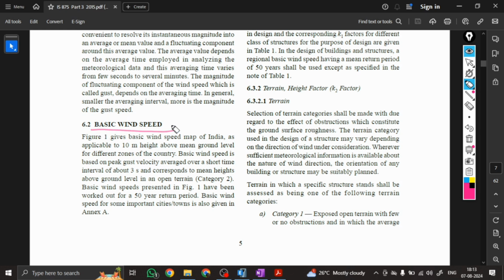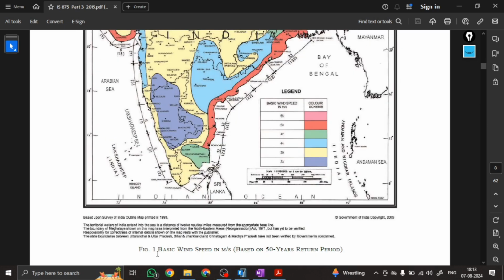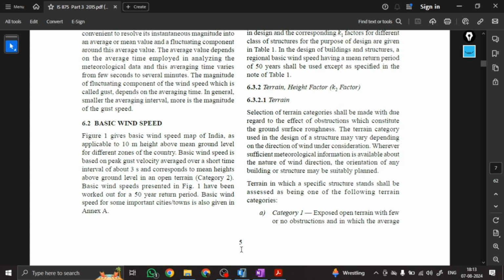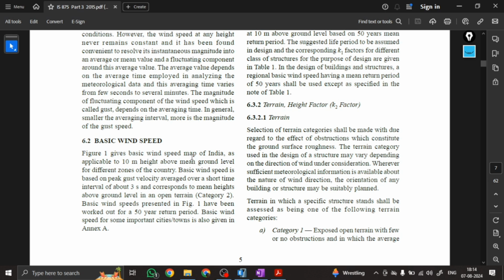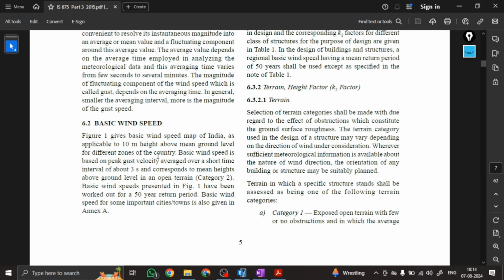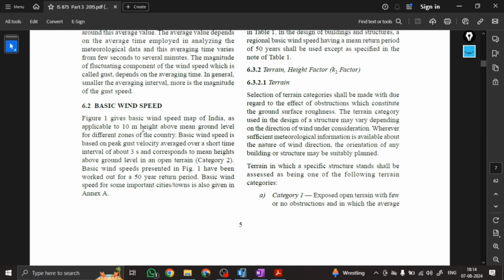So basic wind speed means figure 1 gives the basic wind speed map of India. This is figure 1, which has basic wind speed in meter per second based on a 50 years return period. Basic wind speed we are taking from this map of India, as applicable to 10-meter height above the mean ground level for different zones of the country.